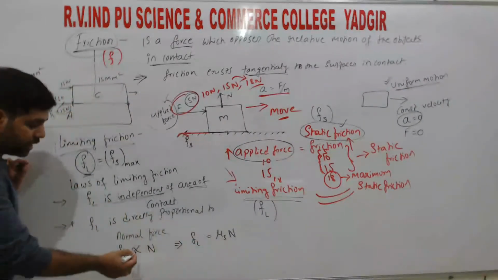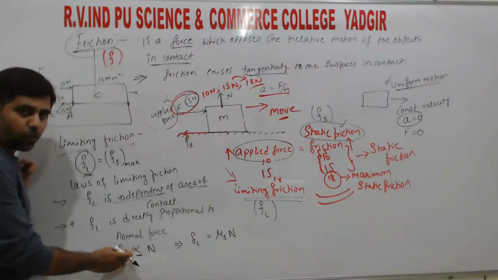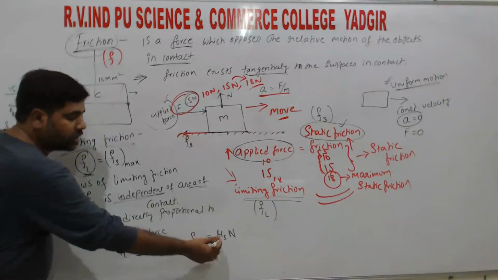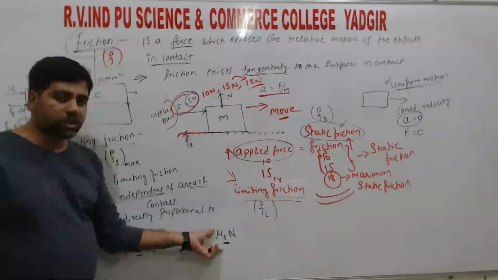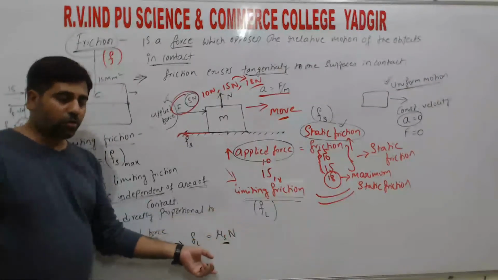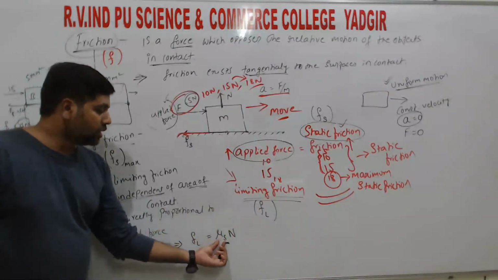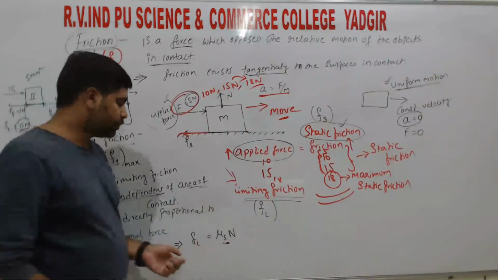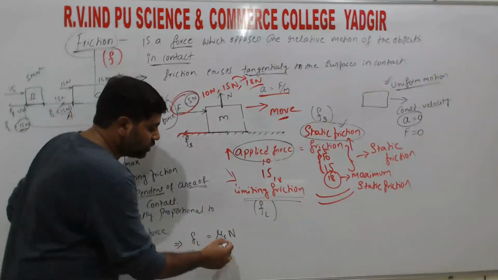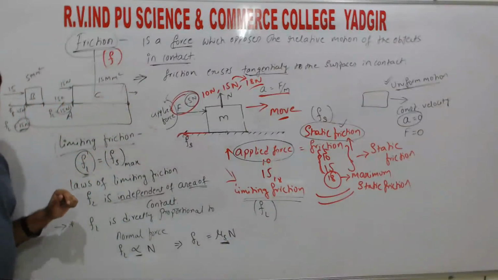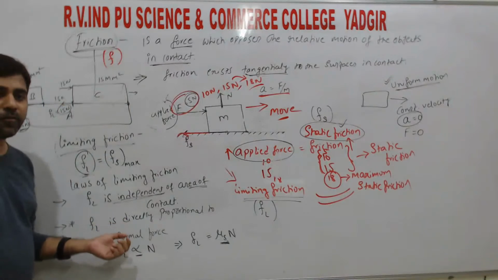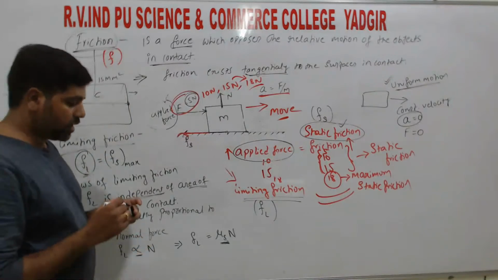So now whenever we are removing the proportionality symbol to equals, one more term is added, so that term we call the constant. Here we have taken the friction that is constant, so that constant we call the coefficient of limiting friction or coefficient of static friction, right?